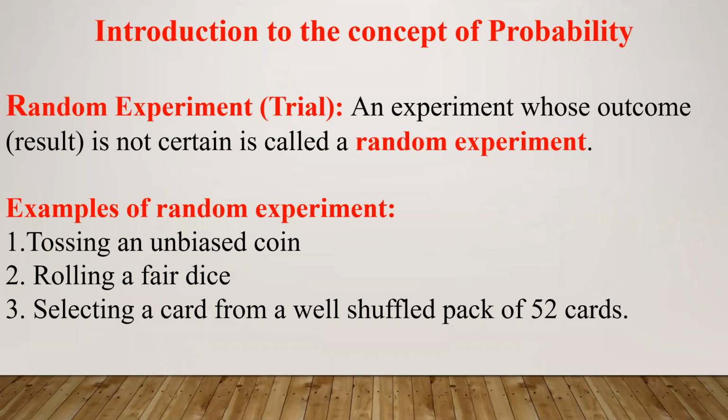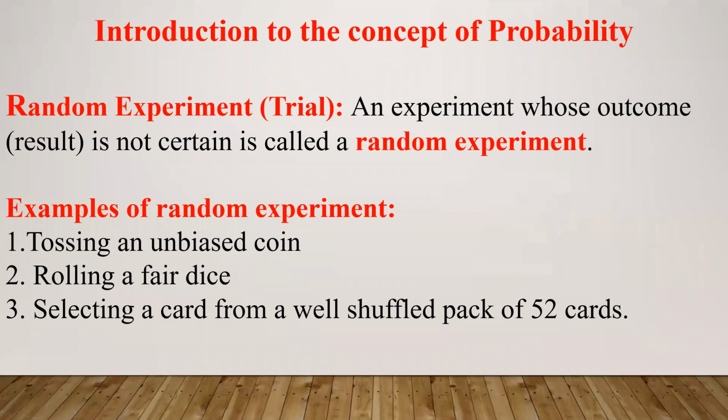So the result is different for different people. It is not fixed. So again, this is an example of a random experiment. Then again, I gave you one more example: there are 52 playing cards. If you just select one card out of that, you do not know which card will come in your hand. So this is again a random experiment.